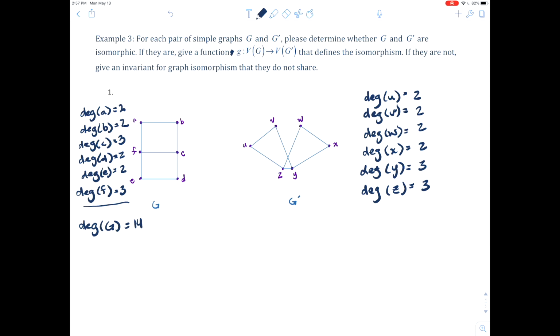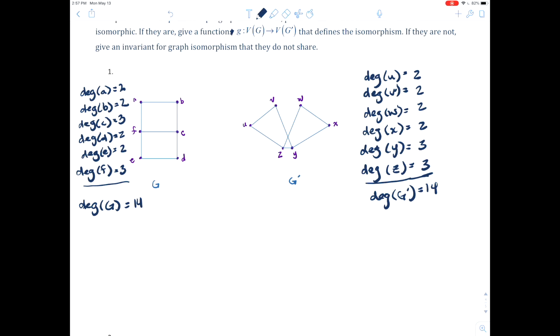So this one will sum to 14 as well, so the total degree of G prime equals 14. And they each have 6 vertices and 7 edges. So 6 vertices and 7 edges in G, and 6 vertices and 7 edges in G prime.